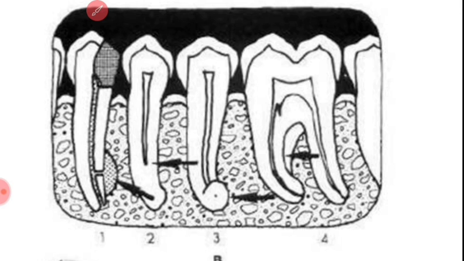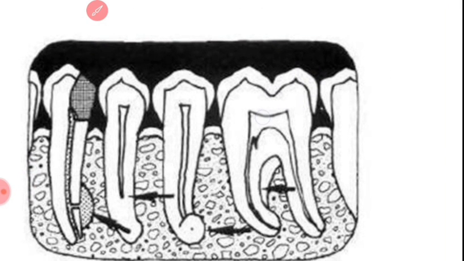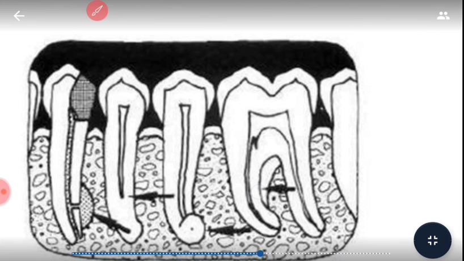I'll talk about more. The other diagram shows, so always when you look at the x-ray, check out how your chamber is. Check out how your canals are, and any line like this which they have marked, which doesn't end into the canal, is not a canal.